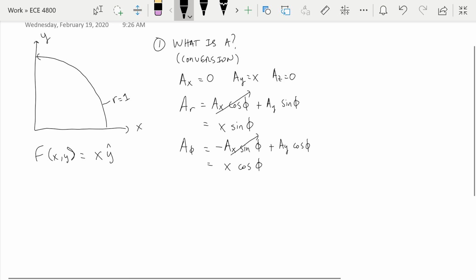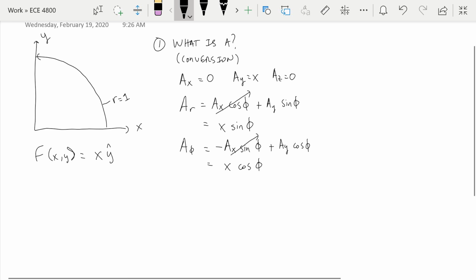Now, we also have to convert some of these over because we're eventually going to be doing this problem in cylindrical coordinates. So we need to do a coordinate transform as well.